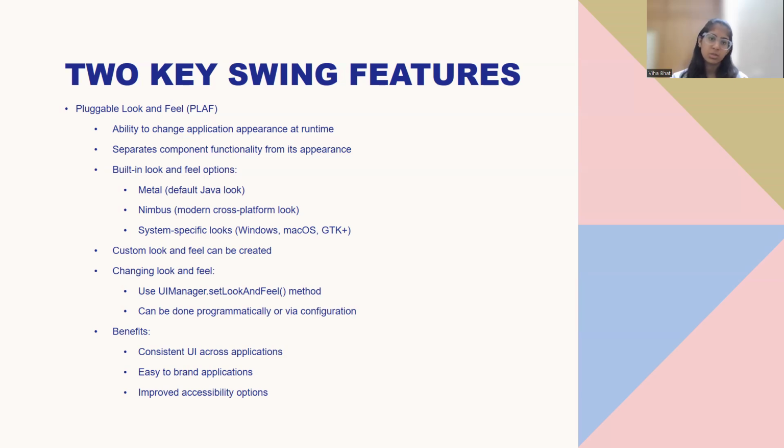Changing the look and feel was available with the help of the UIManager's setLookAndFeel method, and can be done programmatically or via configuration. The benefits of this feature were that it keeps the UI consistent across applications, it was easy to brand applications, and it improved accessibility options.